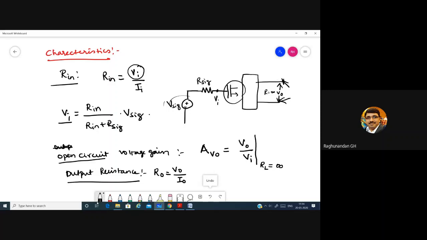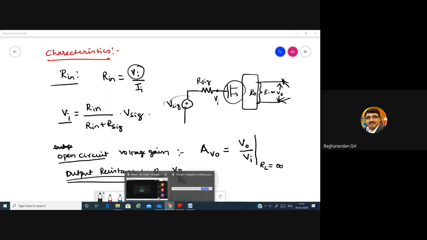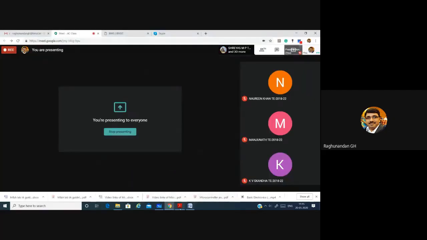In the same way, suppose instead of just getting R naught, you have a load resistance. R naught is the actual resistance offered here. We are not considering the load. Please remember, R naught is the resistance without considering the load.